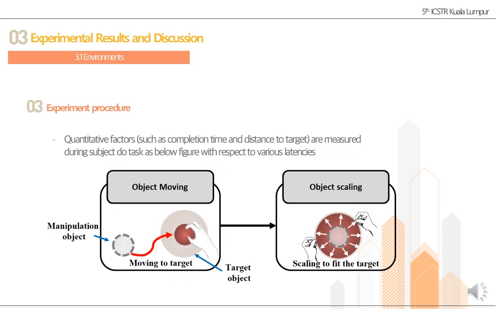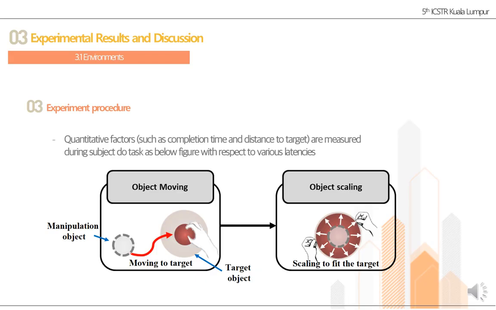The third point is experiment procedure. Quantitative factors such as completion time and distance to target are measured during the subject's task, as in the figure below, with respect to various latencies. The subject's task consists of two steps.